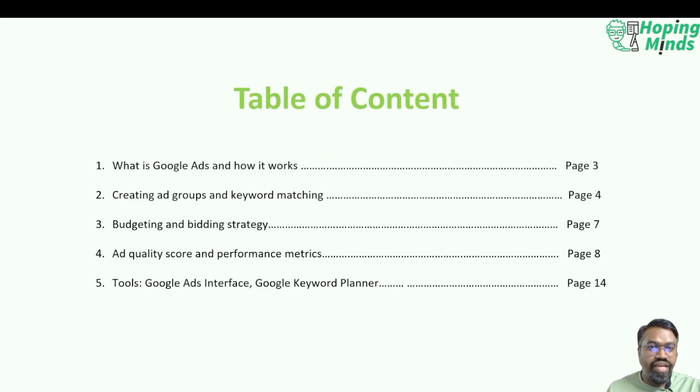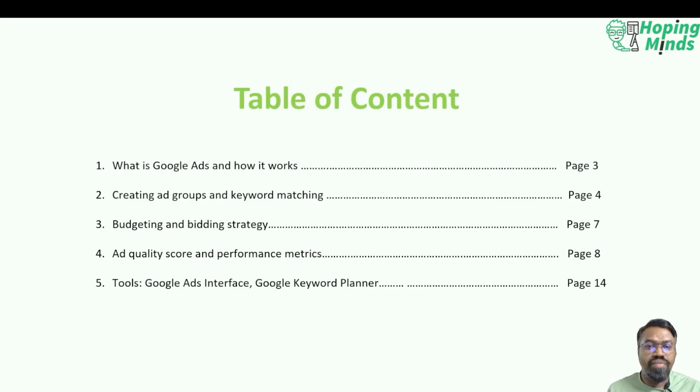So, moving ahead, let's see what we are going to do with this module. In this module, we will learn about what is Google Ads, how it works, then how to create ad groups and how to do keyword matching.